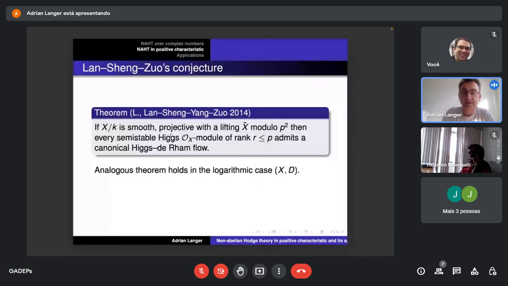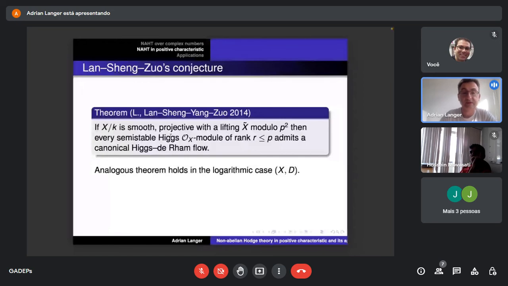So it's not exactly like in the characteristic zero case where you had a correspondence between flat vector bundles and semi-stable Higgs vector bundles with vanishing Chern classes. But it's actually quite good that it's not like this, because there are some applications that actually use the fact that we can say something about sheaves with non-zero Chern classes.